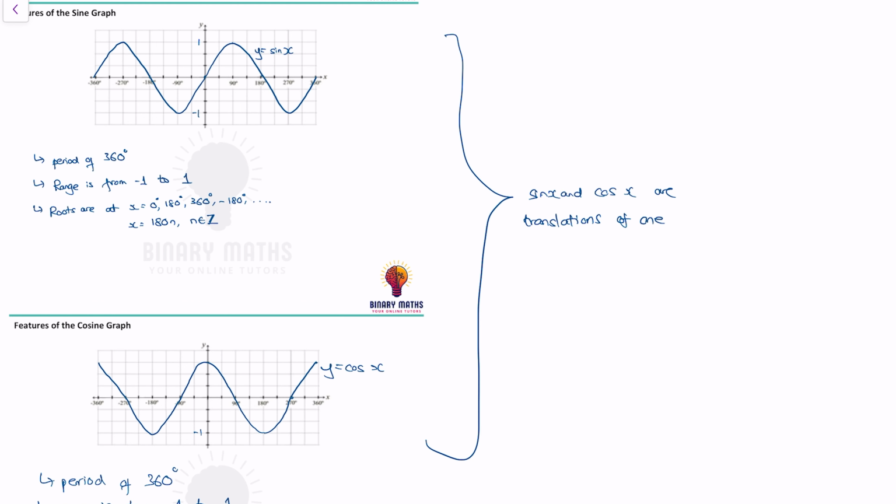So if I shift one, I can get the other one. If I shift the sine graph to the left by 90 degrees, then I can get the cosine graph. If I shift the cosine graph 90 degrees to the right, then I can get the sine graph. So they are translations of one another, and they do have a relationship.